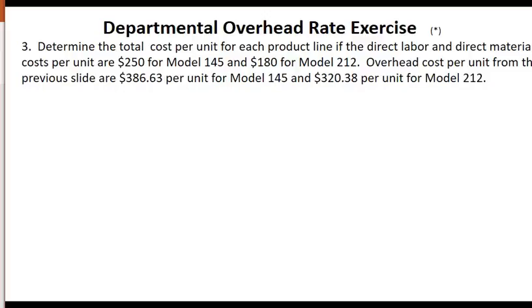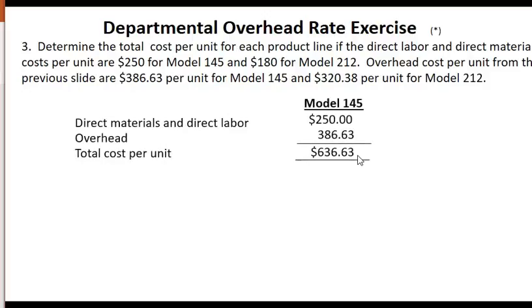Now, number 3, determine the total cost per unit for each product line. And we're given that the direct labor and direct materials per unit are $250 for model 145 and $180 for model 212, and then the overhead cost per unit from the previous slide was $386.63 and $320.38 for model 145 and 212 respectively.